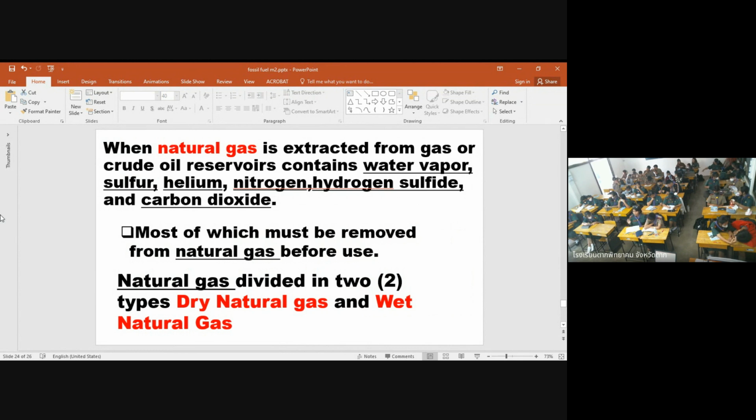Before use, they will remove your sulfur, helium, nitrogen, hydrogen sulfide, and your carbon dioxide.